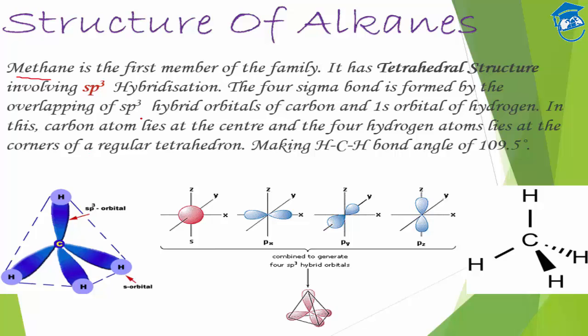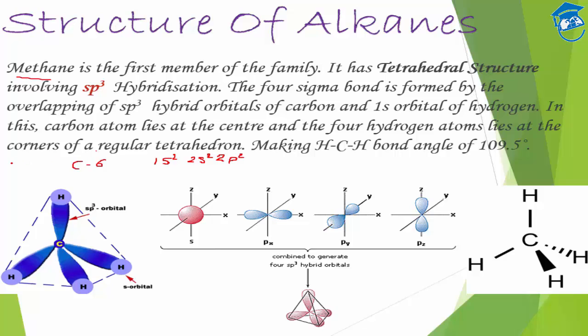How many electrons does carbon have? Carbon's atomic number is 6, and its configuration is 1s2, 2s2 and 2p2.